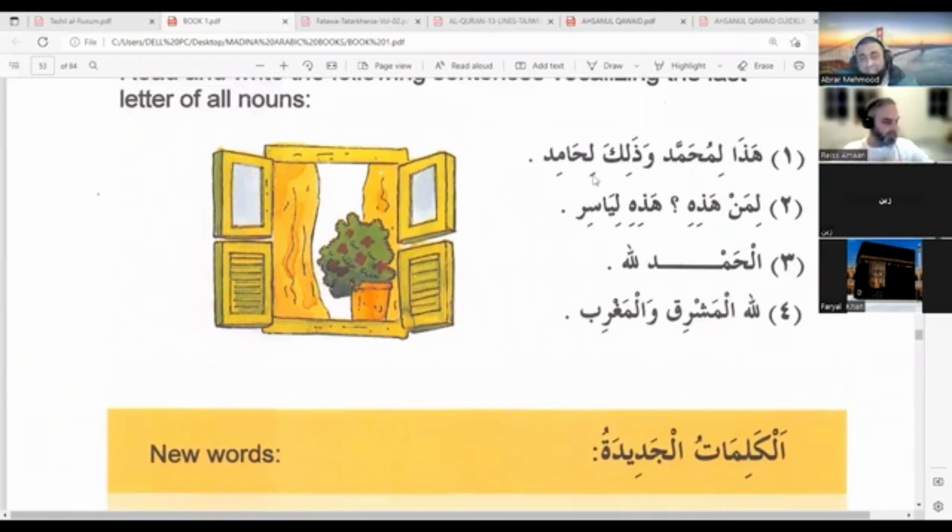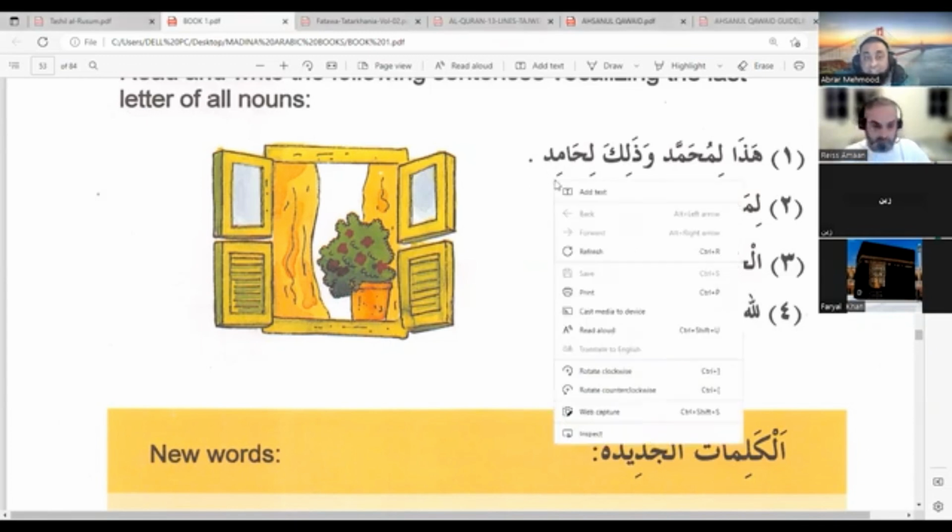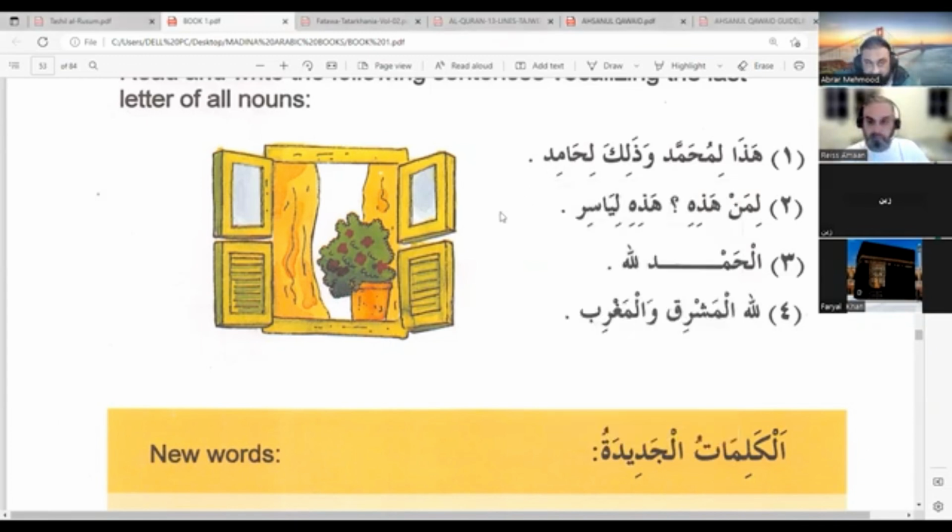We recapped huruful jar. We came across 5 letters, amongst them the 5th one, which is li. When the letter li is added onto any noun, the ending of the word is given a jar, meaning a kasra. So what are the huruful jar?